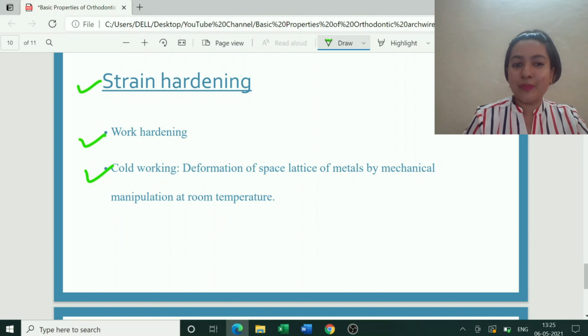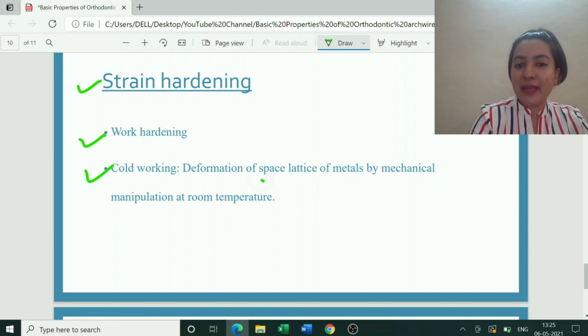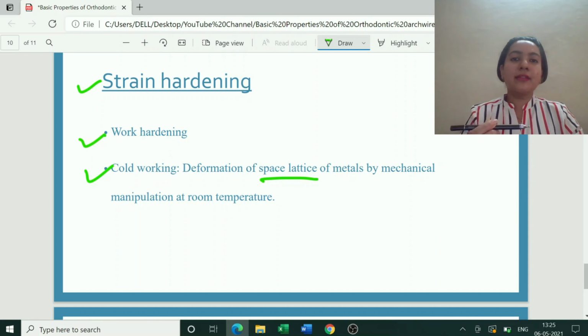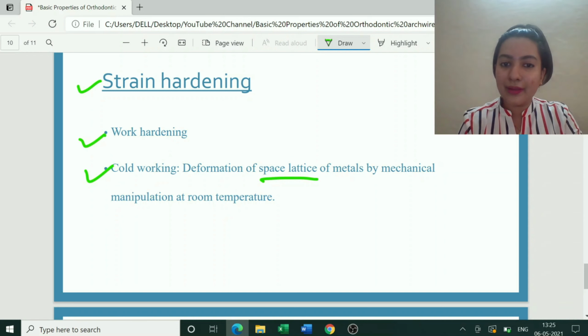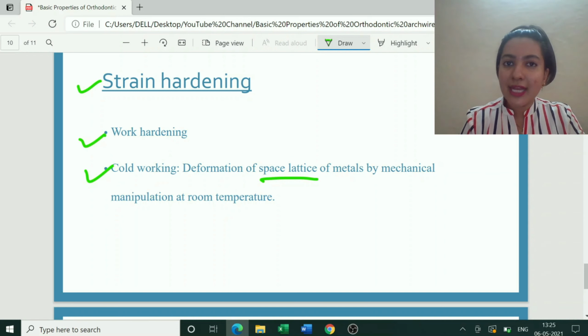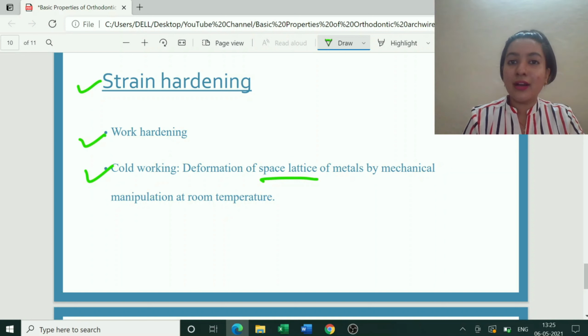What is it? It is a deformation of space lattice of metals by mechanical manipulation at room temperature. This is the wire which you get. You are sitting at room temperature and trying to straighten it. So what you are doing is mechanical manipulation of the wire. When you do this, there is deformation occurring of what? Space lattice of metal.